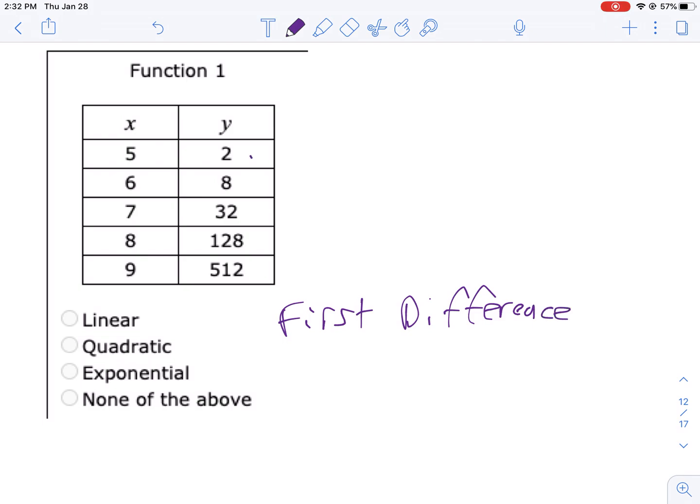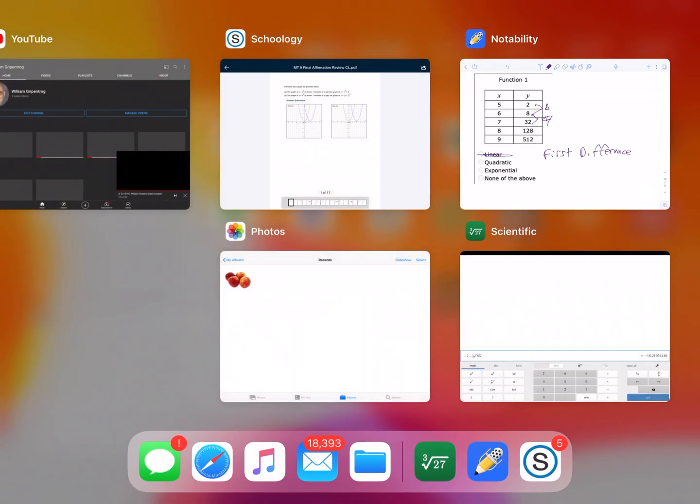So from 2 to 8, we're going up by 6, aren't we? From 8 to 32, 32 minus 8 is 24. It's not linear, is it? Because they're not the same. And let's take 128 minus 32.